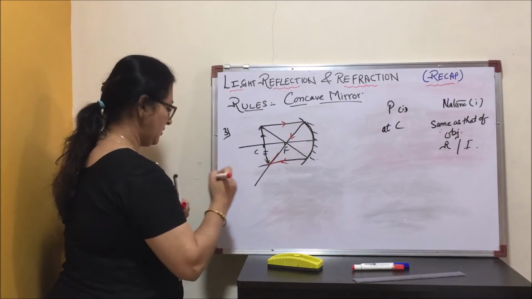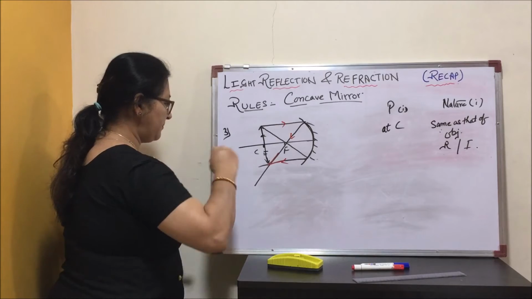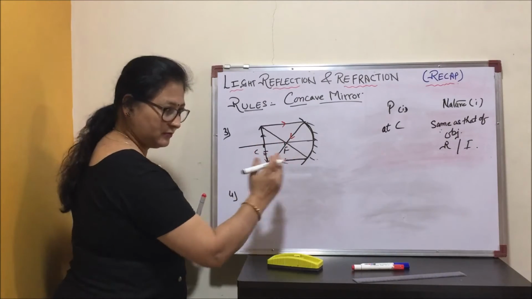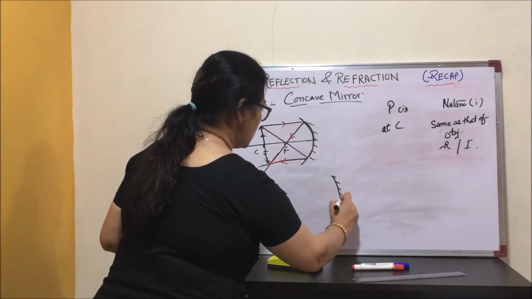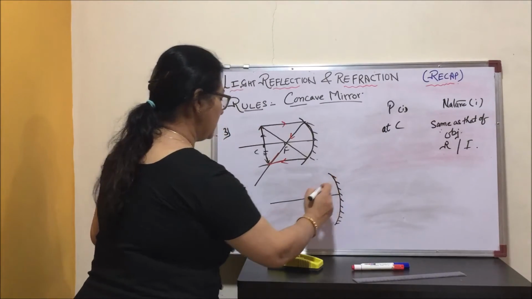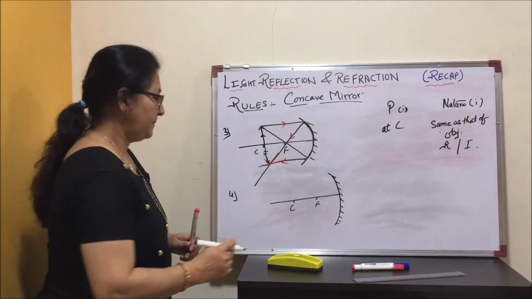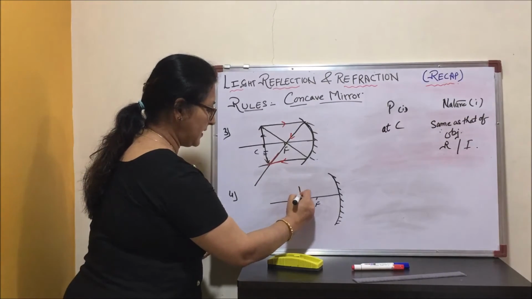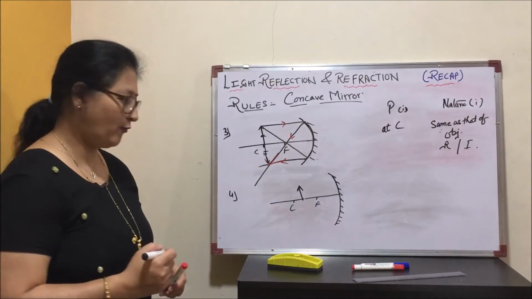Now coming to the fourth diagram. Already we have placed the object at C. Now the object will come again near, towards the mirror. Here F, C. So let's bring the object near to the mirror. Let me place the object between C and F, between center of curvature and focus.